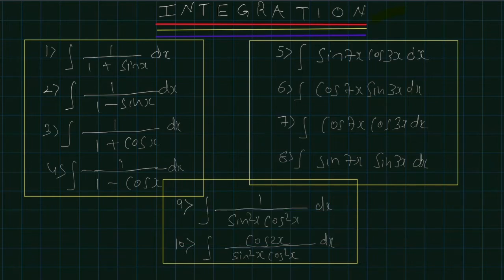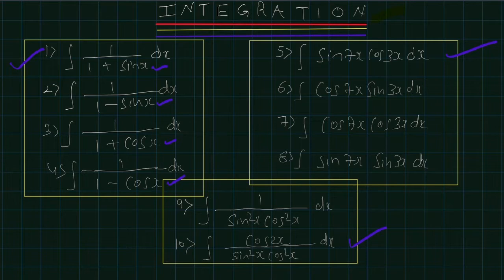Let's start. If you observe on the screen, there are 10 questions. We have divided them into 3 categories. The first category has integration of 1 by 1 plus sin x or 1 by 1 minus sin x, and next is 1 by 1 plus cos x or 1 by 1 minus cos x.